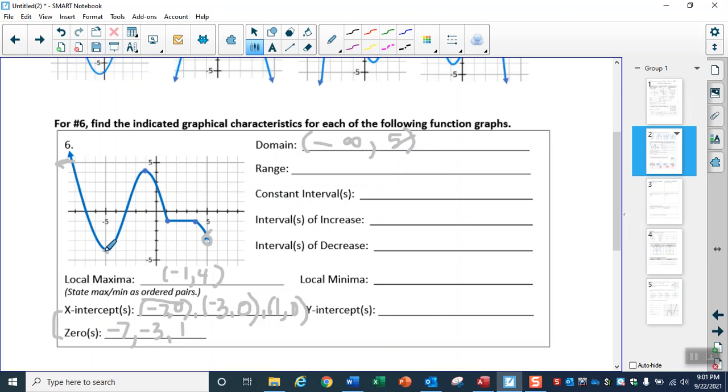And then range is bottom to top. So the lowest point is over here, and range is always the y values. So it would be -4. And that is a square bracket because it actually does include this point. It's on the graph. And then it goes up, and this goes up forever, right? So it goes to infinity.